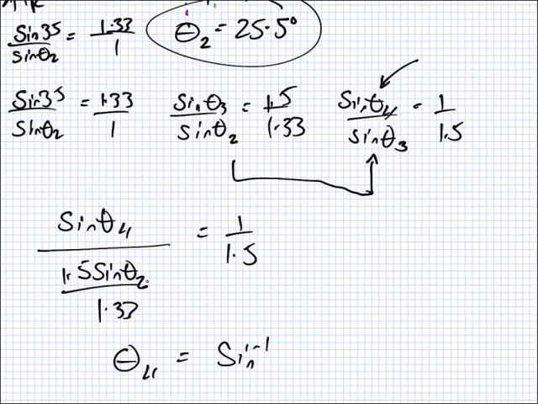When you cross multiply, I think the 1.5's cancel, and you're just left with sine theta 2 over 1.33. What's the result? I don't know. You tell me.